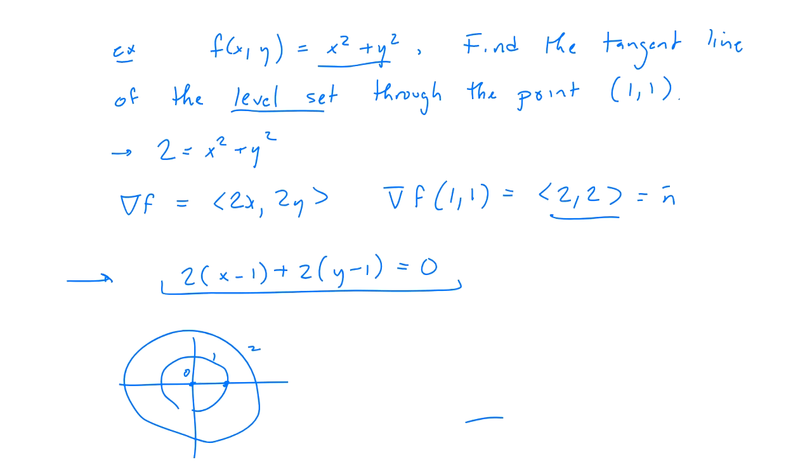I know from 2.5 that if I'm at a point, the gradient will be the direction that the function increases as fast as possible. So if I want to go from where the function has a value of 1 to where the function has a value of 2, I want to go in the direction that's going to get there as quickly as possible. So I could go this direction, right?